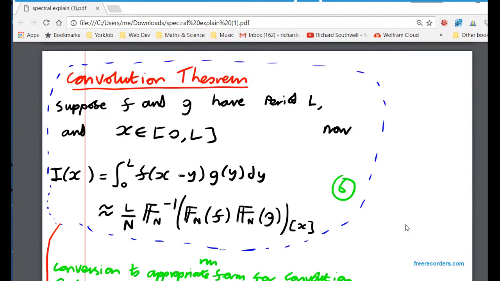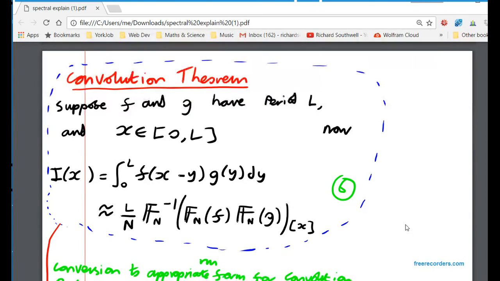Okay, so we have these different constraints. Our real practical situation may not be like this, and so we may have to do some padding and things like that, so that we can pretend that our functions are periodic, and then we may have to do some shifting around and changing intervals and changing variables and substituting and replacing functions with different functions in order to get our problem into this form.